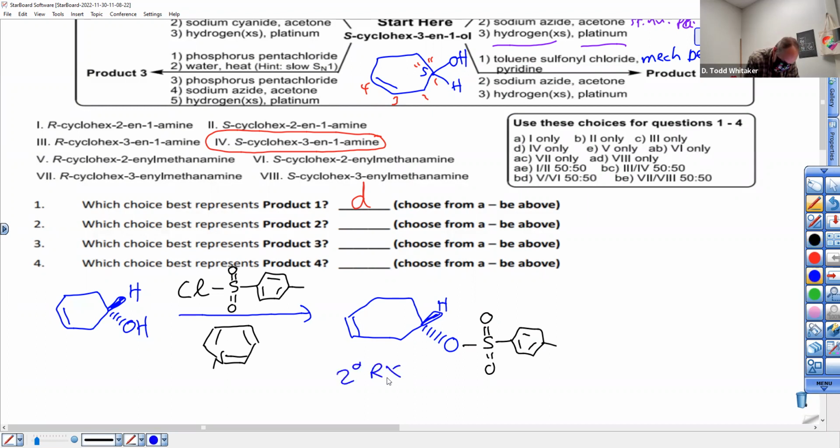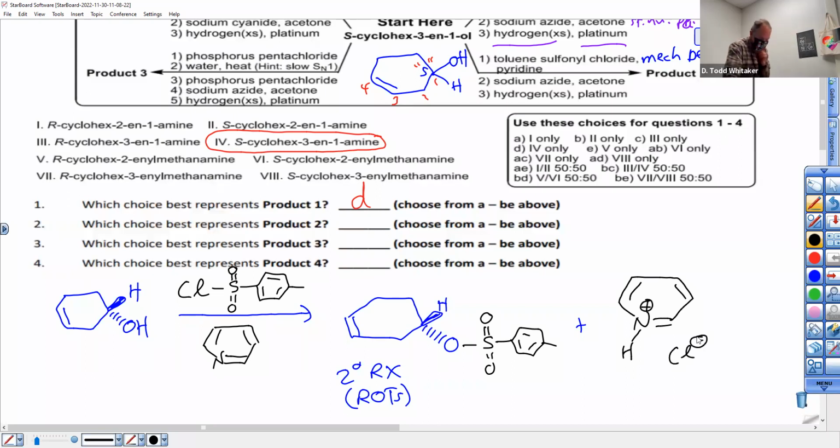Secondary RX is ROTs, okay? And the other products, when it's, you know, the mechanisms on your test, would be pyridinium, and a chloride off there too. So all the atoms are accounted for there.